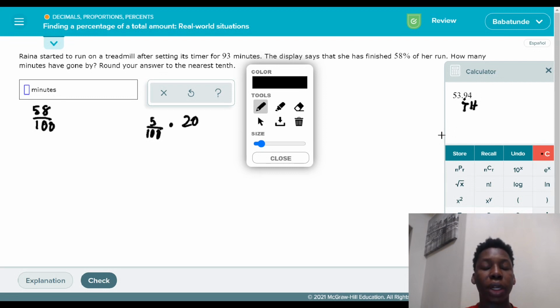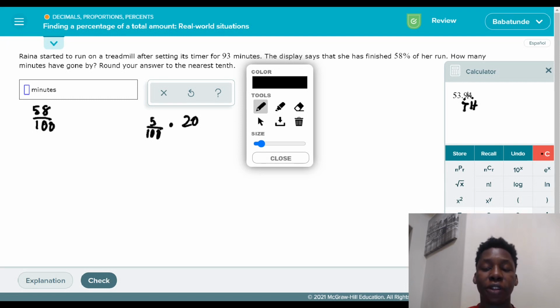In order to round our answer to the nearest tenth, we ask ourselves, what is the number behind the tenth? It's the 4, and we ask ourselves, is that number greater than or less than 5? If it's 5 or greater, we have to add 1 to the tenth value, so we'd add 1 to 9.